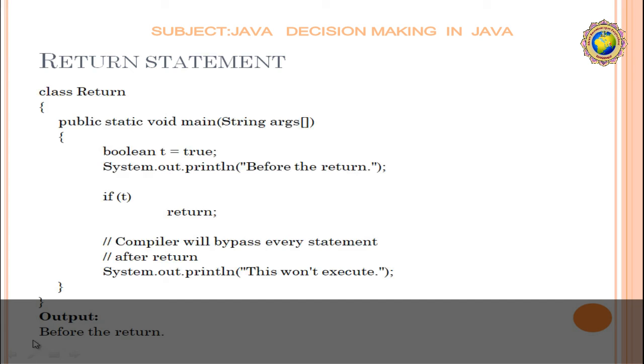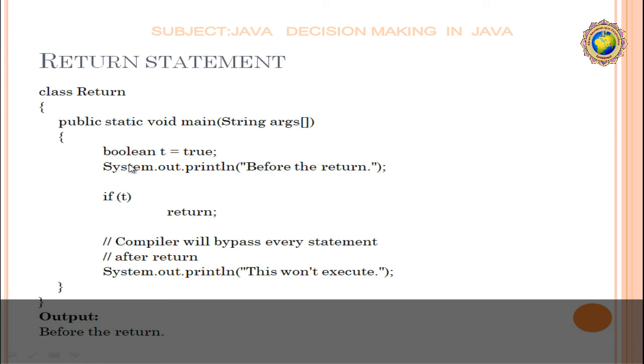Let's see an example of the return statement. So we have taken boolean t equal to true, then before the return, if condition t is there, then return. The compiler will bypass every statement after the return, so that will not be executed.